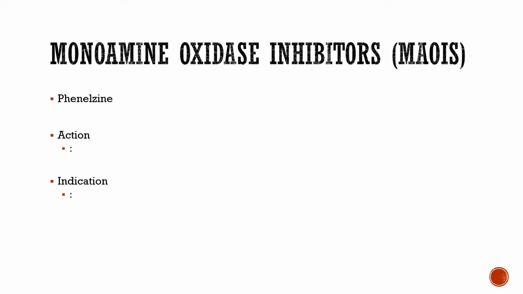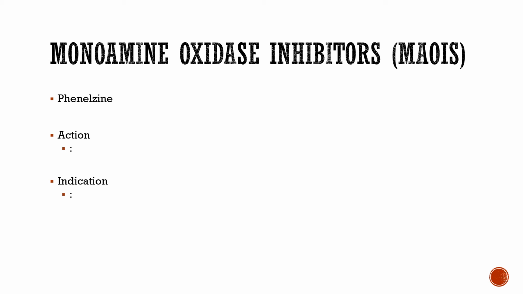We do that in a couple of ways. One, we reuptake back into the nerve terminal, but MAO will also come in and clean that out. We'll just break down those neurotransmitters, which is good for the most part. But in people with severe depression, or depression, period, there's a potential that they're not getting enough there to cause that stimulation.